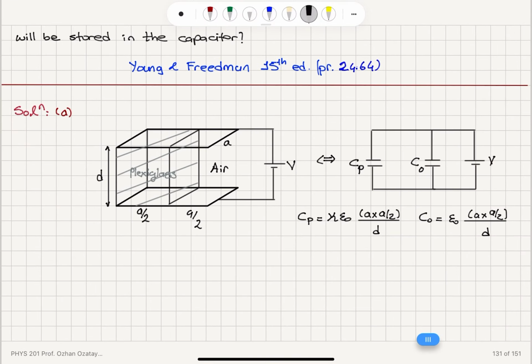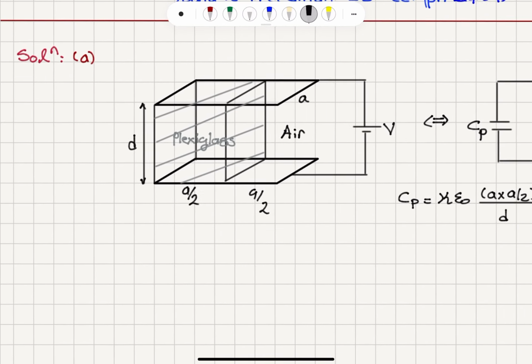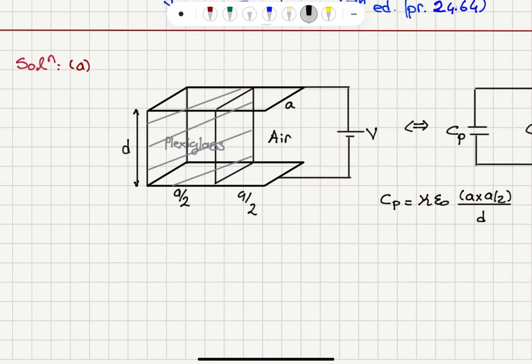Now, how do we calculate the equivalent capacitance when we have two capacitors in parallel? We simply add up the capacitances. The equivalent capacitance is Cp plus C0. So we have the same area, epsilon 0, kappa plus 1, A squared divided by 2D.